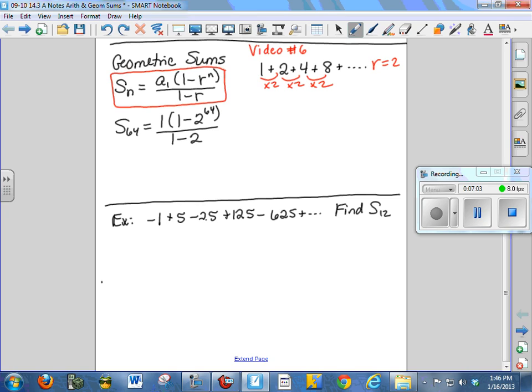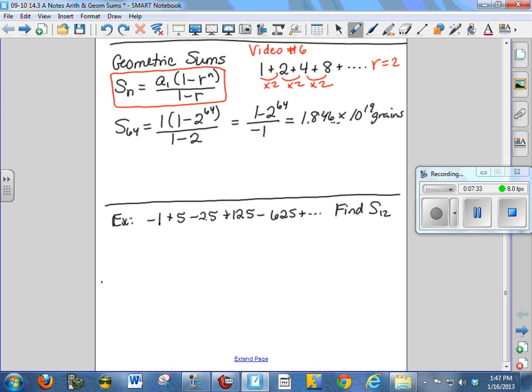So we end up with 1 minus 2 to the 64th divided by negative 1, and that turns out to be a very large number. It turns out to be 1.846 times 10 to the 19th. And this is a decimal number that goes on, grains.